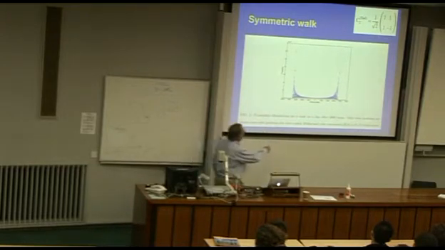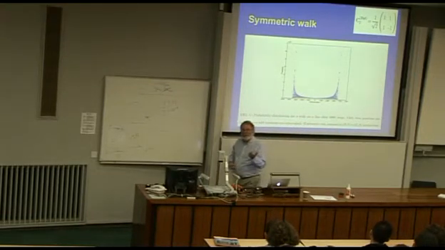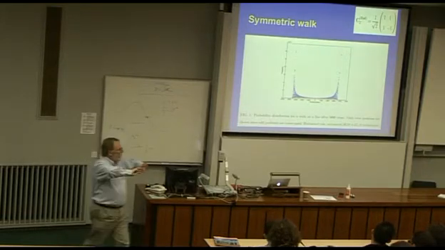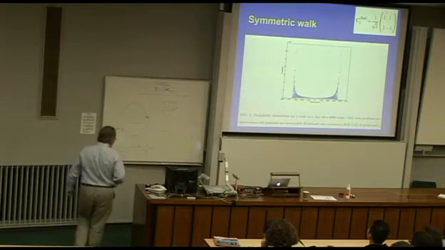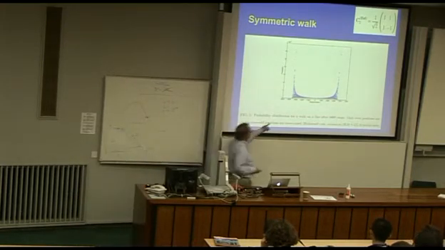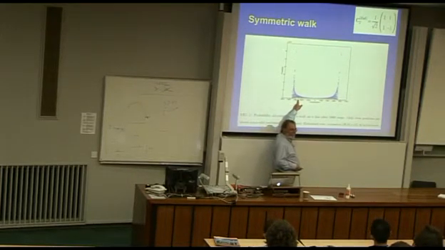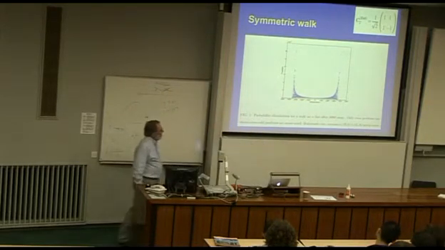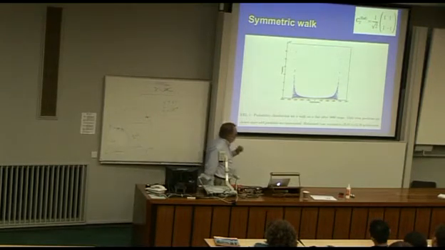Instead of a normal distribution centered on the origin, with a width determined by the square root of the number of throws, I find that it's piling up at the edges. And what I haven't shown you is what's going on in here. There are wild oscillations with zeros every other throw. That's because of the quantum superpositions and interference that are going on in there. So that's a quantum walk.